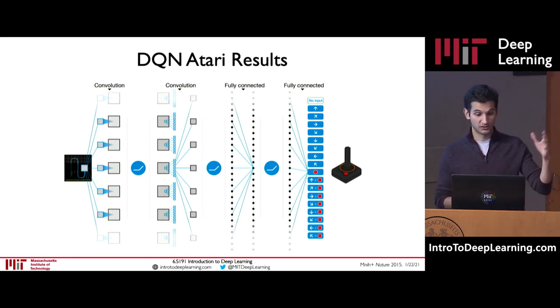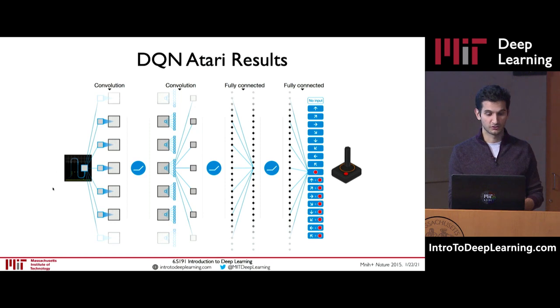On the left-hand side, you can see how these pixels are provided to the network and passed through a series of convolutional layers like we learned about yesterday, extracting two-dimensional features from these images of the current state. These are passed to fully connected layers, which then predict what our Q values should be for every single possible action that the agent could take at this moment in time.